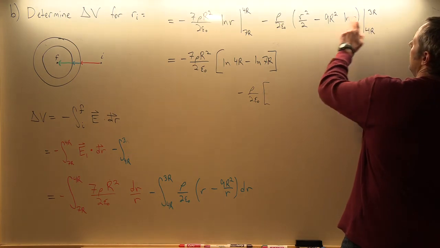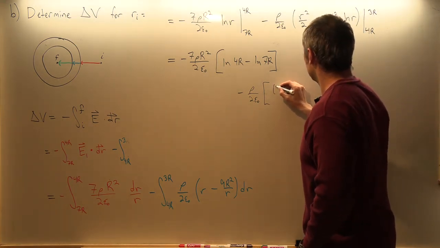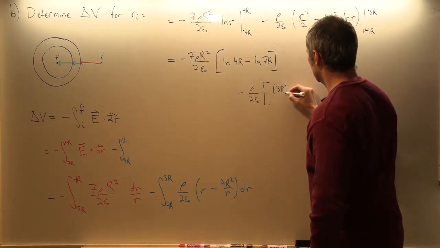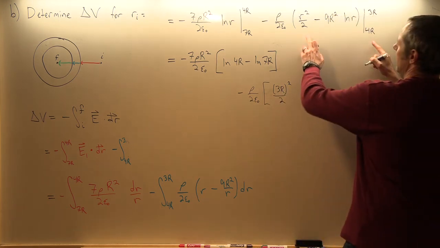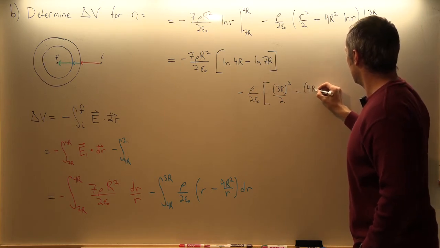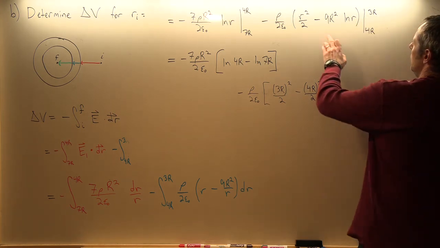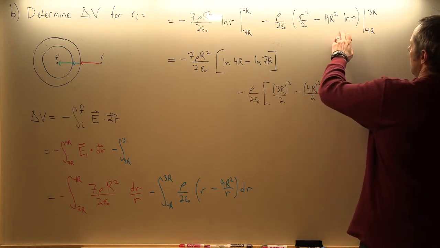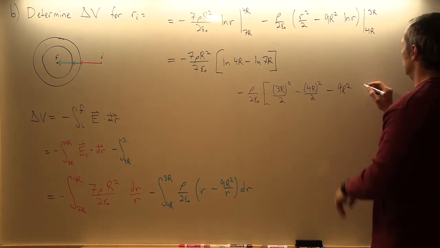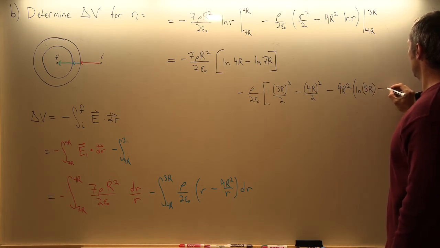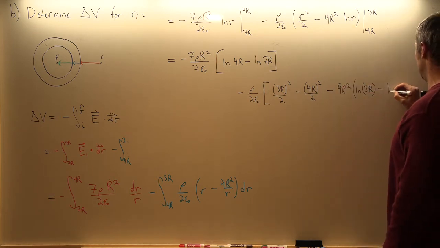First I'm going to plug in 3r into here. So we have 3r squared over 2. And then I'm going to plug in 4r into this expression, minus 4r squared over 2. And then I'm going to plug in 3r into the natural log, and then 4r into the natural log.